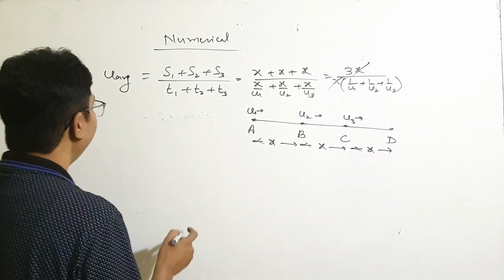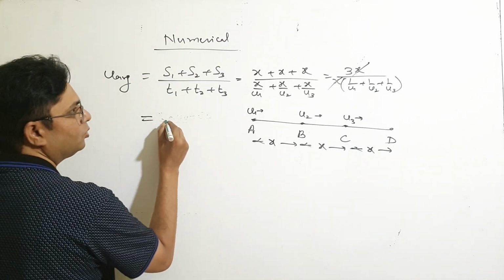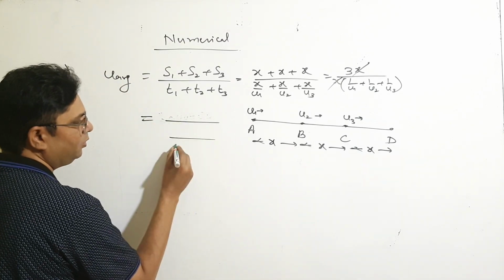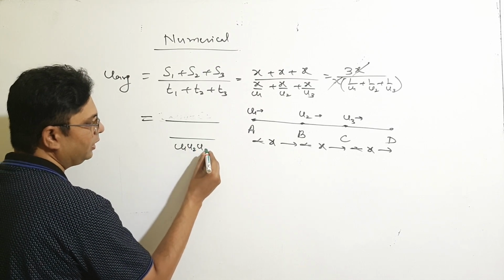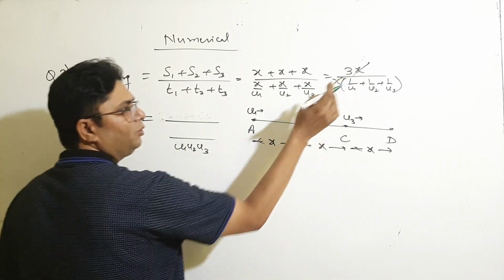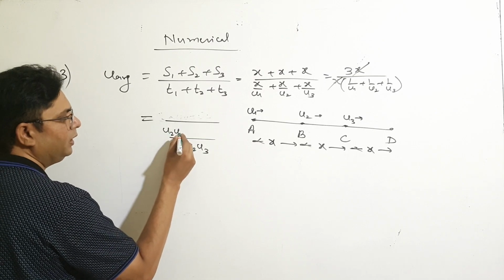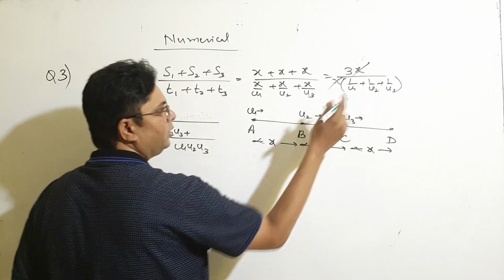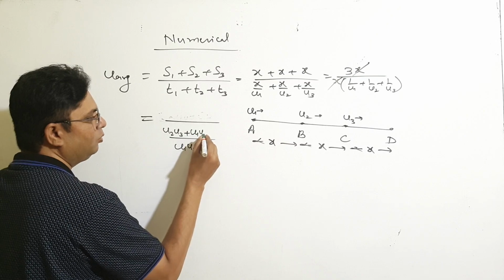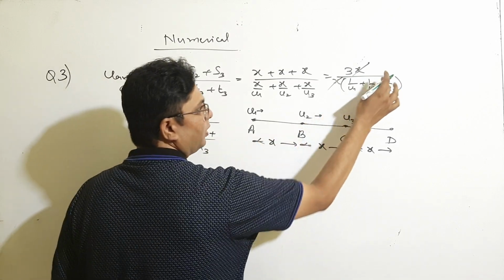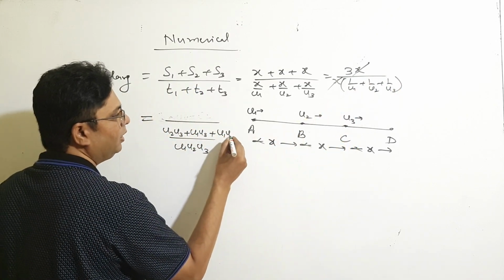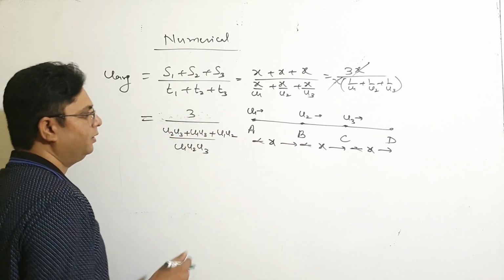Now take the LCM. The LCM here is u1 u2 u3. At this point you have u2 u3, at this point you have u1 u3, and at this point you have u1 u2, and 3 is here.